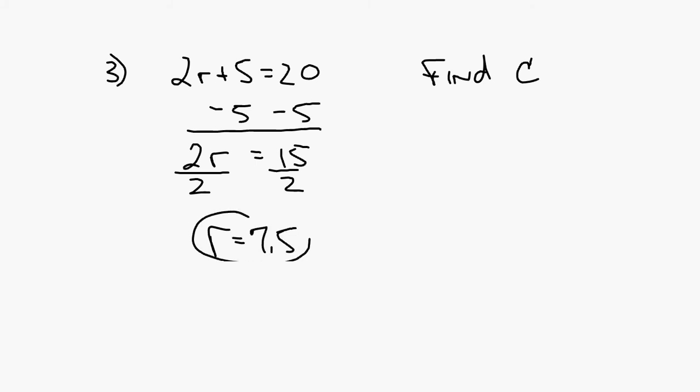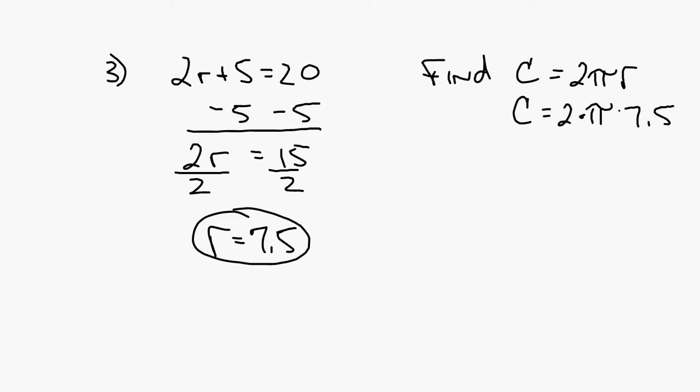So if your r is equal to 7.5 and you need to find the circumference, well, circumference is equal to 2 times pi times the radius. So your circumference is equal to 2 times pi times your 7.5. So your circumference equals, right in your calculator, 2 times pi button times 7.5 and hit equals 47.12.